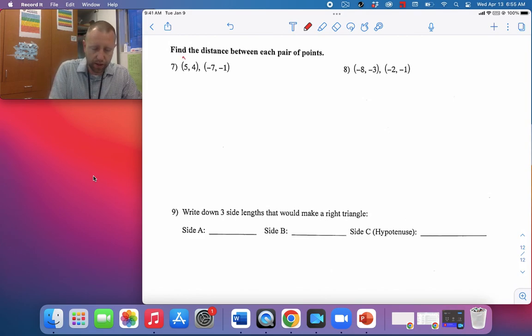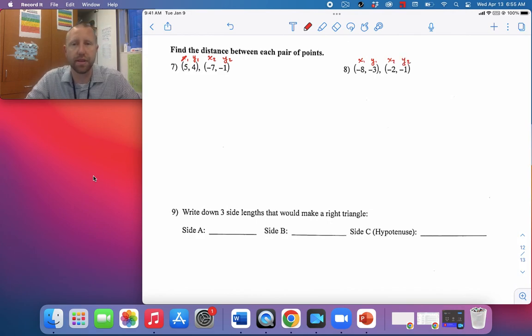This is x1, this is y1. This is x2, and this is y2. Okay, I'm going to do that for number 8 as well: x1, y1, x2, y2. Now, why did I do that? Just so that when I plug this into the distance formula, it helps know where those numbers go.